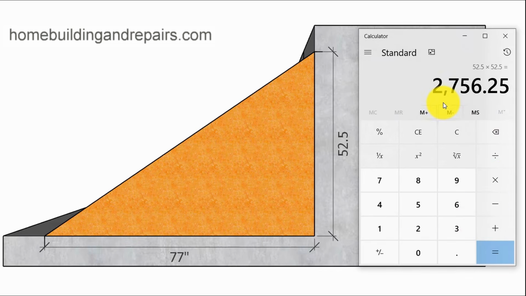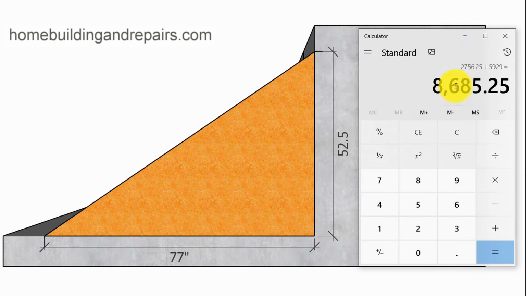That equals 2,756.25. So now I can take this number and add it to the square of the other one, 5,929.